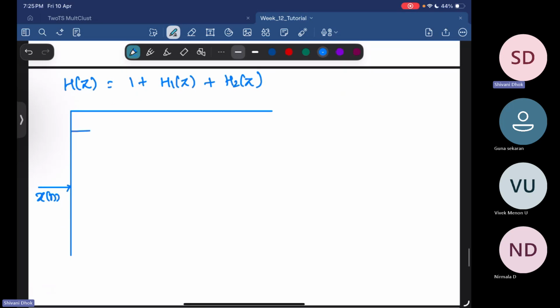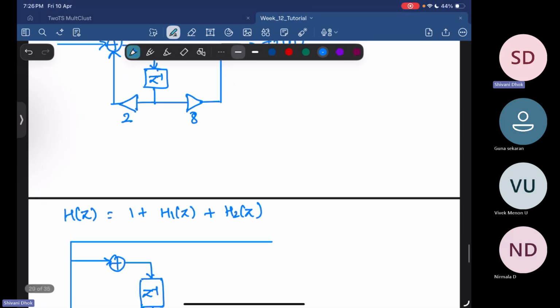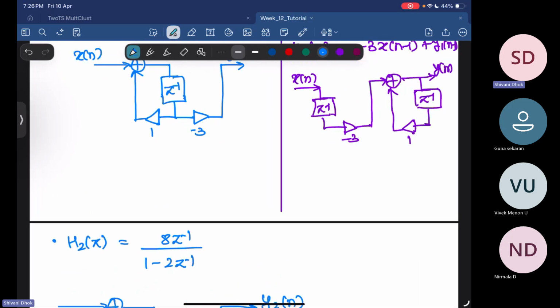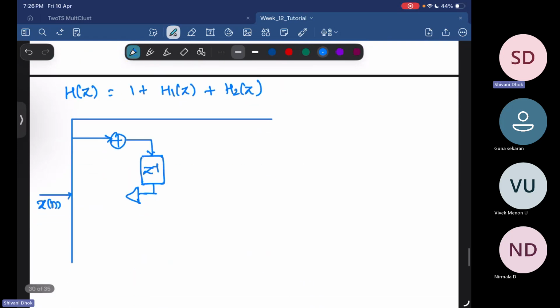So you have an adder block, z inverse, and delay block, gain block of factor 1. This gets added, and you have a minus 3 here, which is basically your y1 of n.